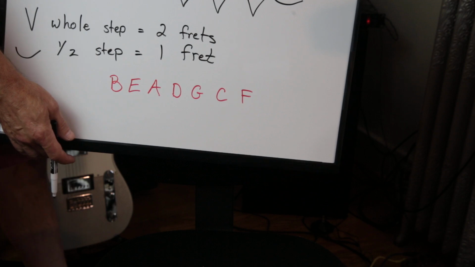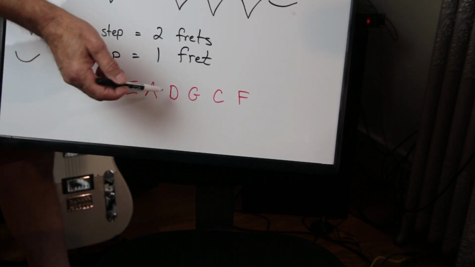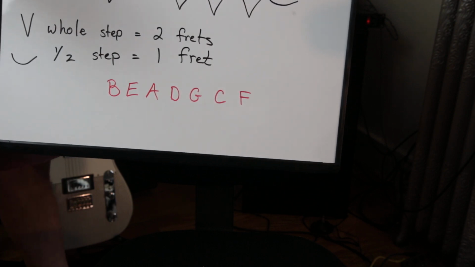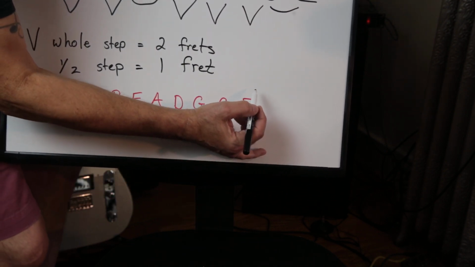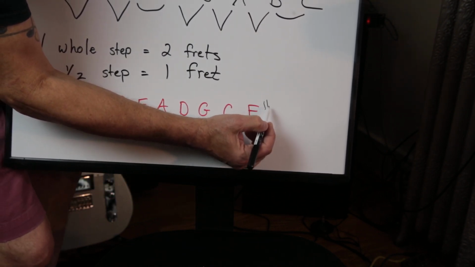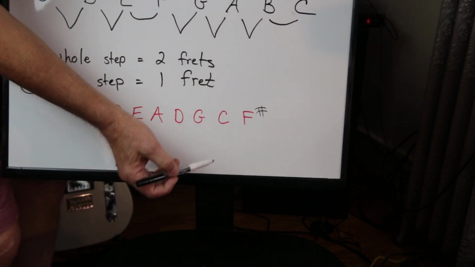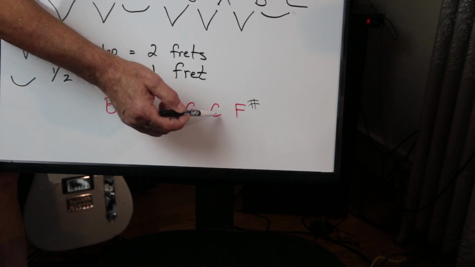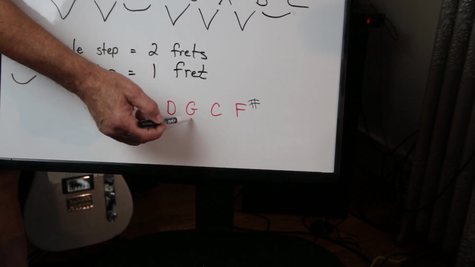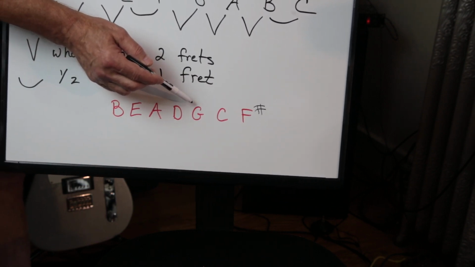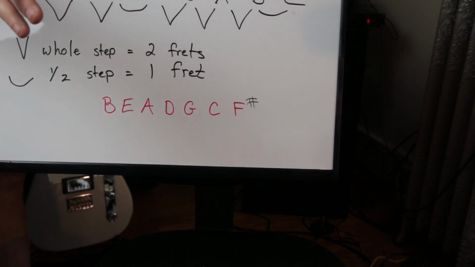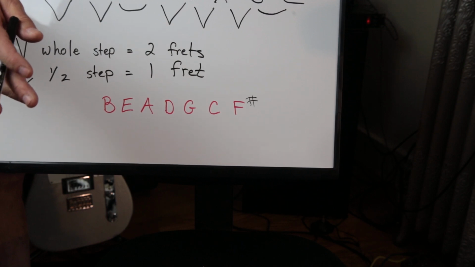So this is how simple it is. If you write out the word beachgoof, B-E-A-D-G-C-F, okay? And let's say you sharpen the F. If I do that and I skip the letter behind it and go to the next letter, it would bring me to the G. And this is a surefire way of getting your key signatures correct.